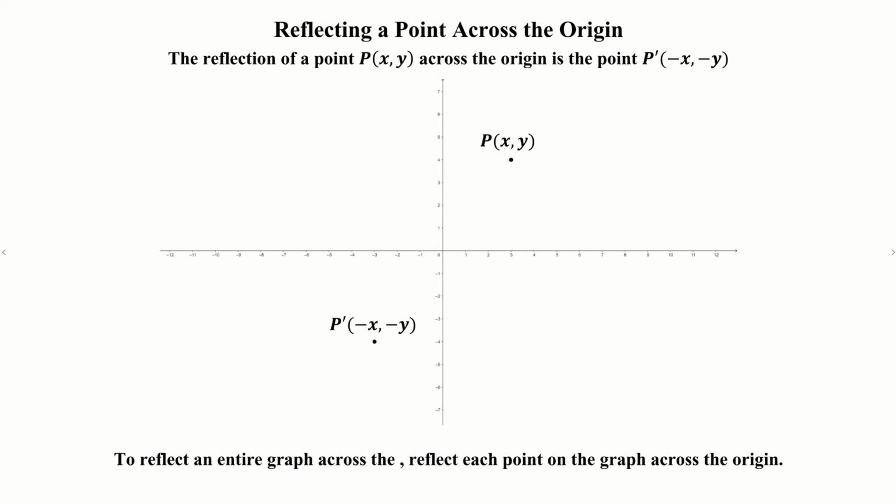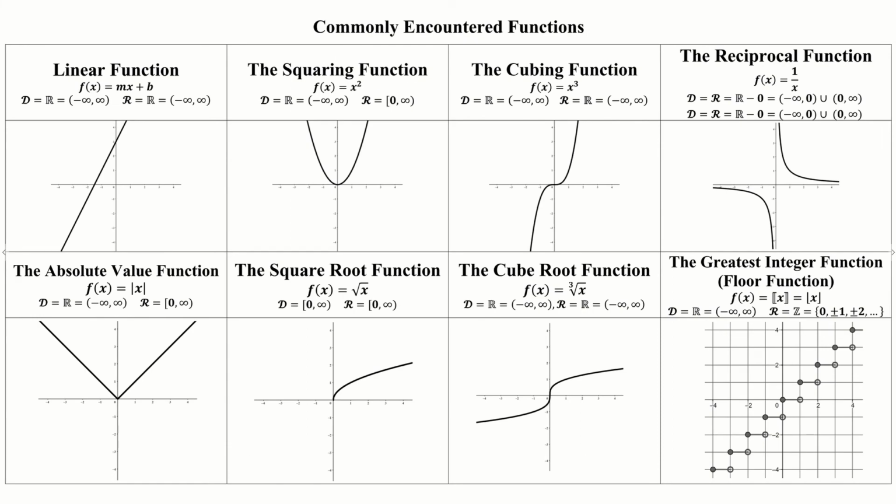Here's a quick reminder of the commonly encountered functions we studied in the last lecture. We had the, remember, identity function, or, well, this is a general linear function. The identity function would be the line y equals x that looks like that.